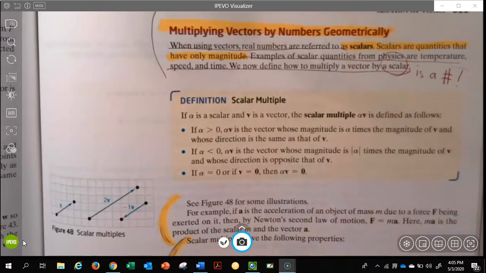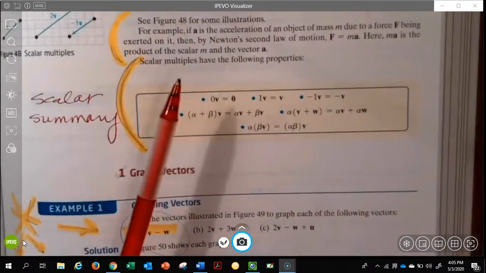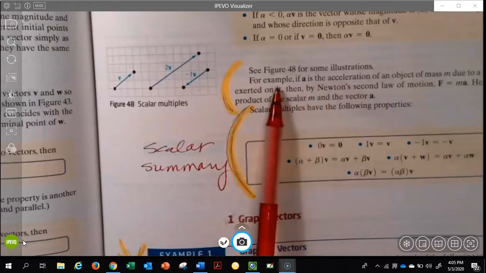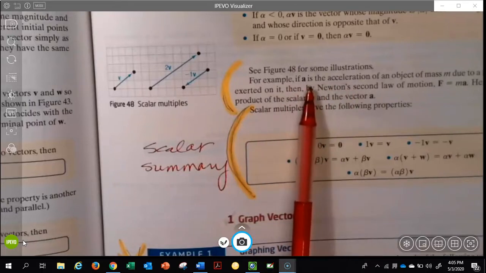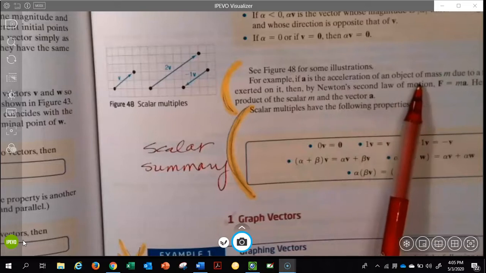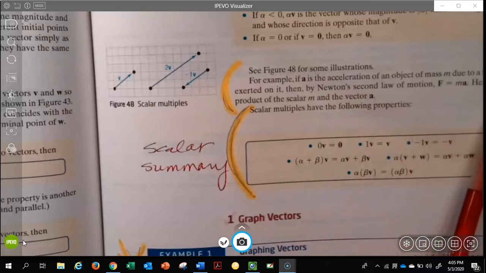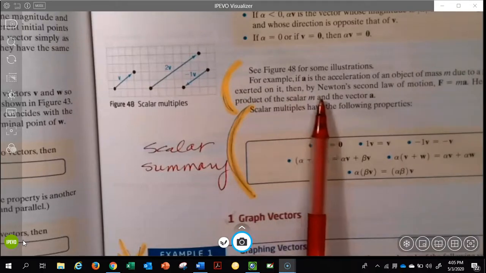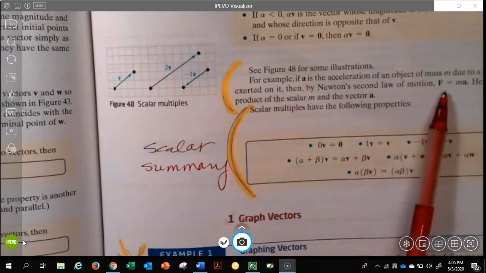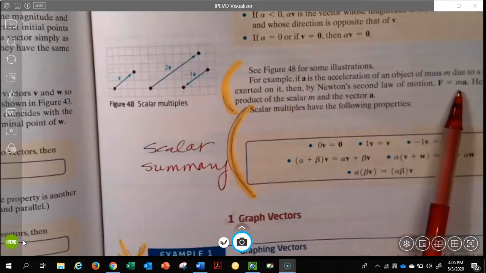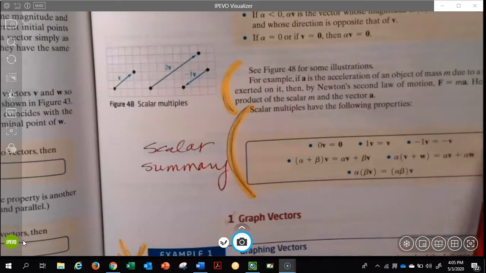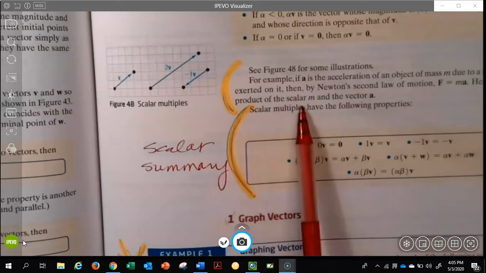I'm going to skip over this piece and jump on down to see figure 48 for some illustrations, and you see some pictures. And it says, for example, if A is the acceleration of an object of mass m due to a force F, and some of this might be just like blah blah blah to you, but keep reading it slowly, stop the video, then by Newton's second law of motion, vector F equals m times vector A. Here, m times vector A is the product of a scalar.